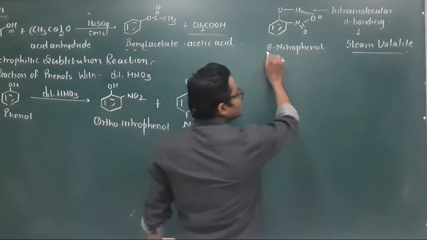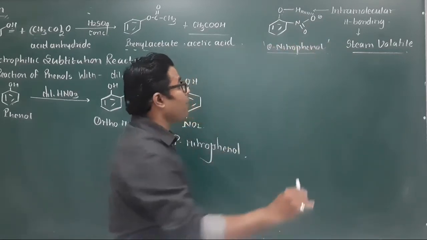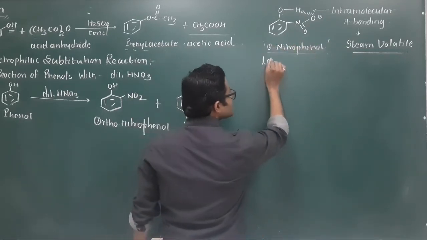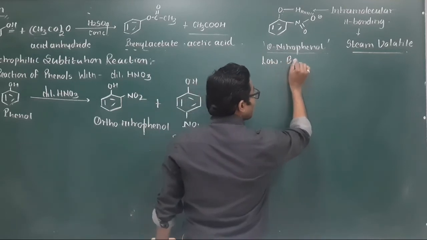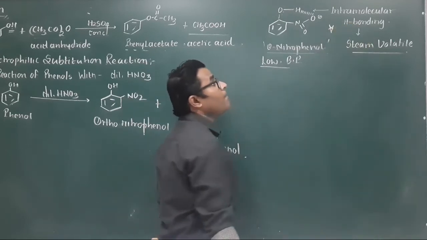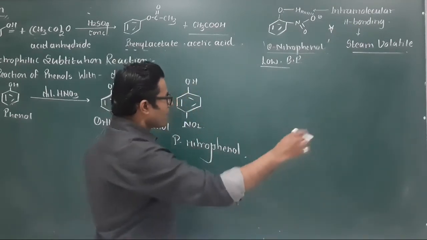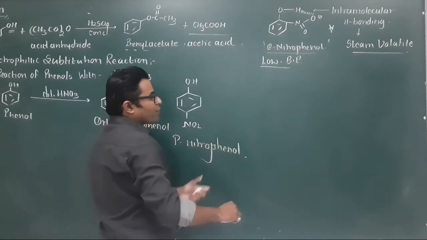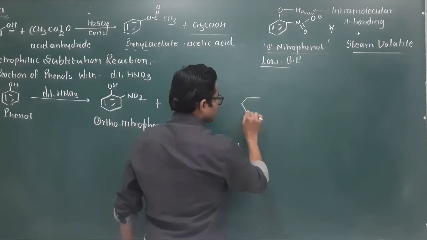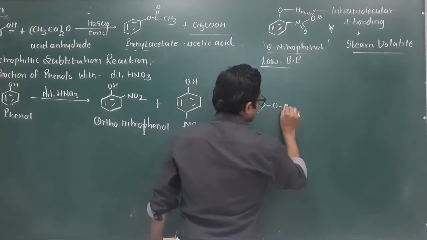So the reason behind orthonitrophenol's lower boiling point is the presence of the intramolecular hydrogen bonding.